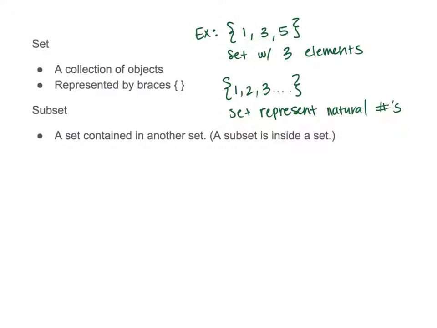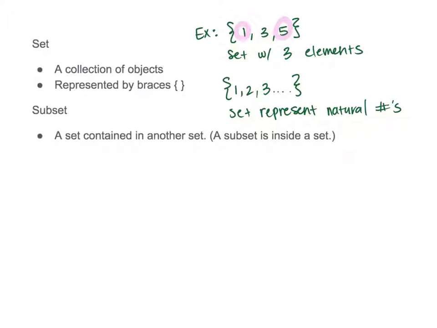So taking in this set here, let's talk a little bit about subsets. A subset is a set contained in another set. So basically a subset is inside of a set. Let's take that example that I declared a moment ago, like this set here. I can use 2 of the elements inside, let's say 1 and 5.